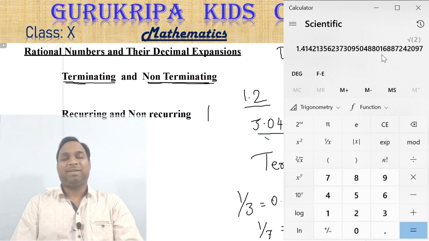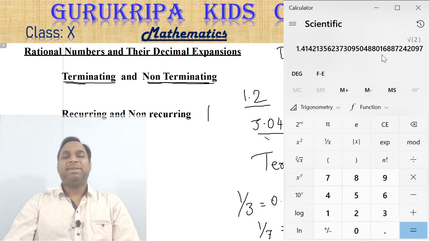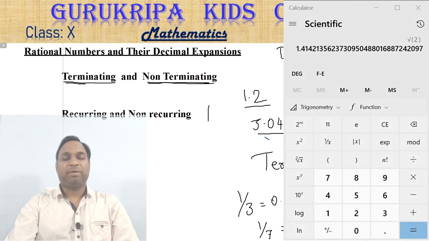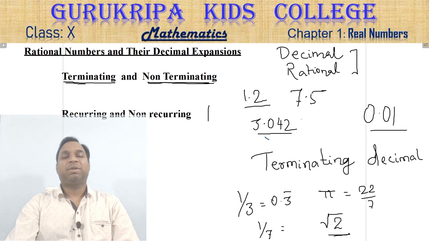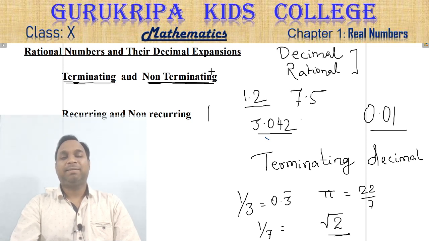Such kinds of numbers are called non-terminating numbers. Non-terminating means the decimal expansion does not terminate at all. It keeps on going, like square root 2 and pi, all these numbers keep on going forever.